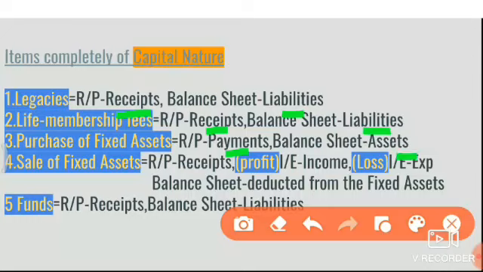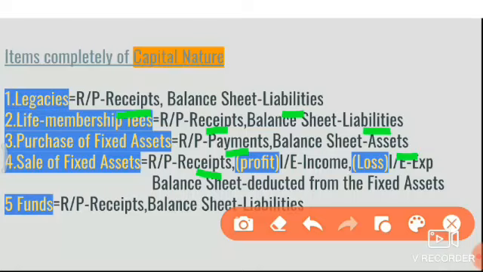Number four, sale of fixed assets. Now sale of fixed asset is a capital receipt and is shown in the receipts and payments account towards the receive side. That is the total amount which is received by sale of fixed asset.